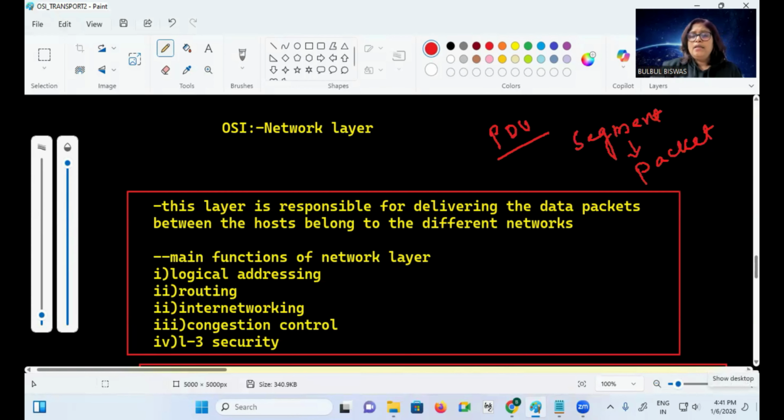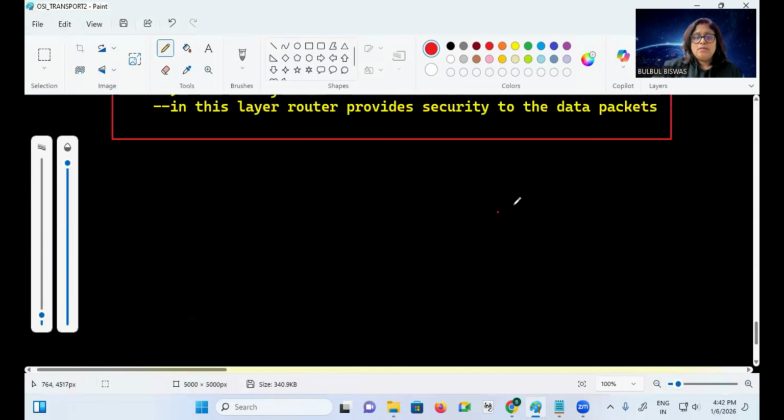And in the OSI model, remember, this is the third layer. At the sending end, the network layer receives the data from the transport layer.